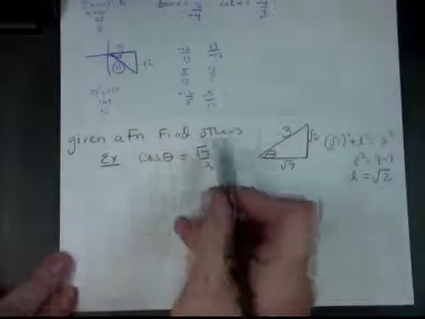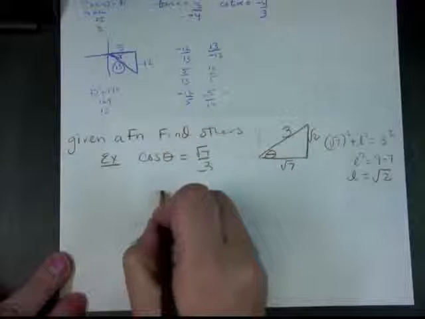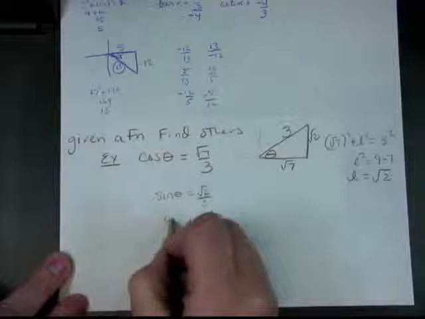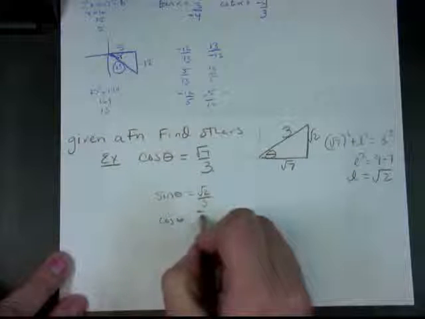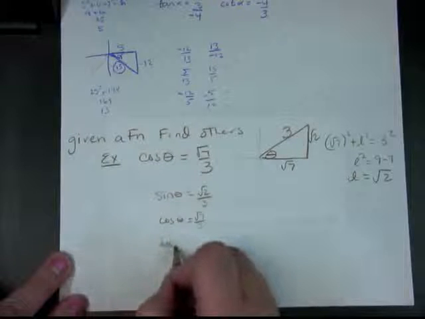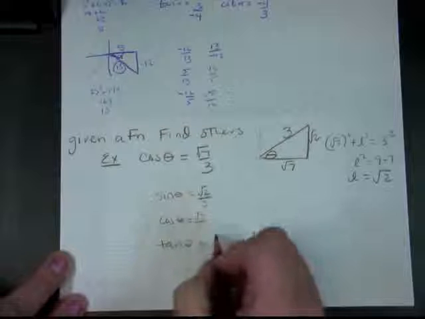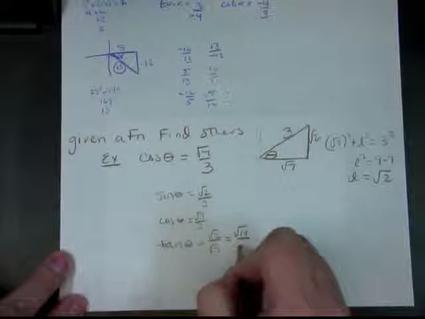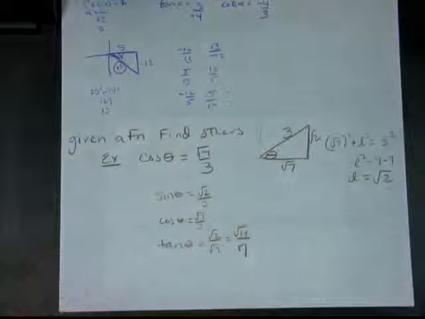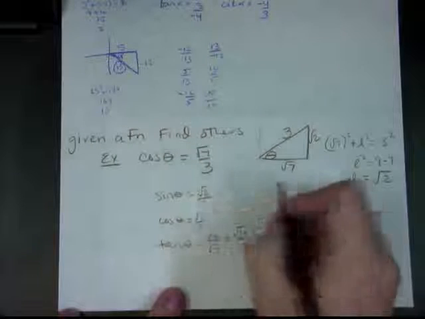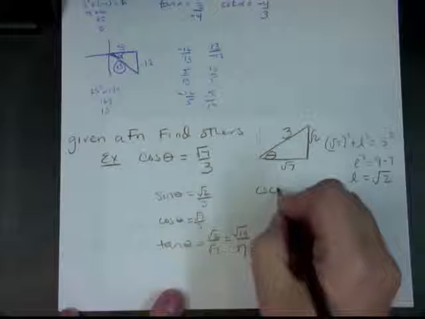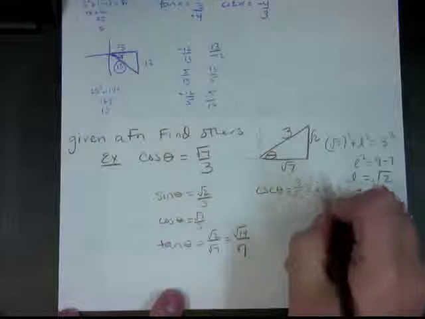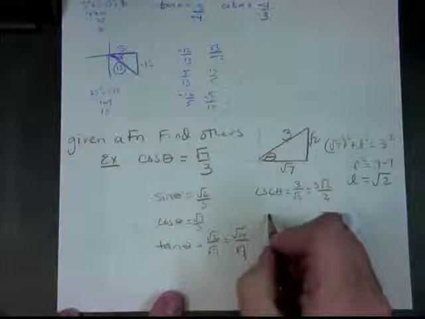Now finding the other functions means sine of my angle, cosine of my angle, which was given, and tangent of my angle. You always must simplify, so multiply out the radicals. Then the cousins: when I reciprocate, again, make sure I simplify.